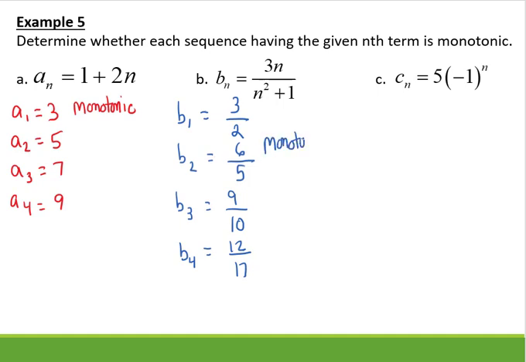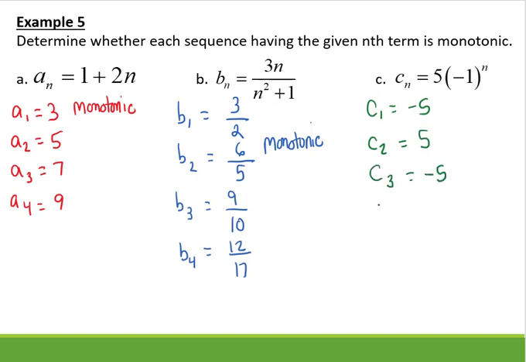Okay, and lastly, our last sequence, or this is technically a version of a geometric sequence. Our first term, if I plug in 1, is -5. If I plug in a 2, that becomes a 5. If I plug in a 3, that becomes a -5. If I plug in a 4, that becomes a 5.